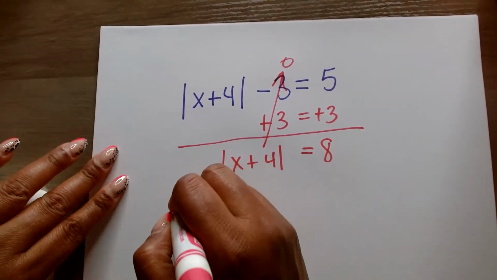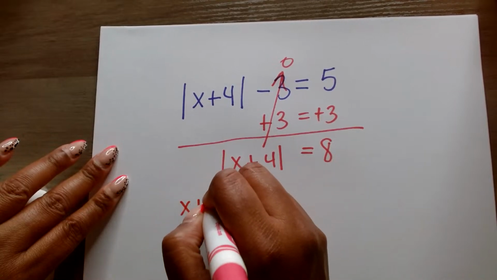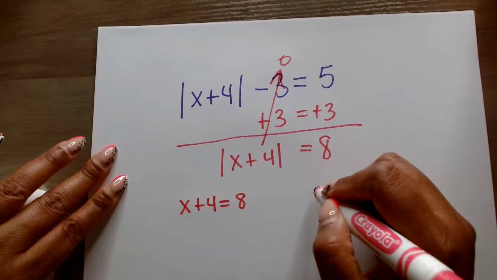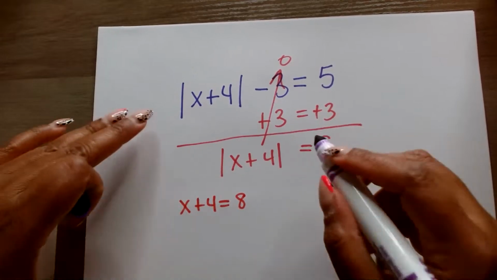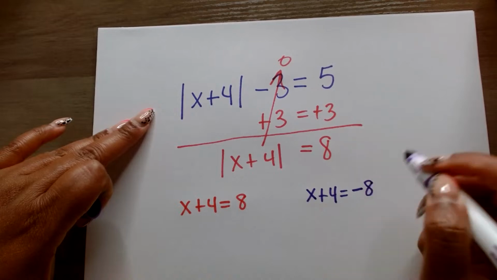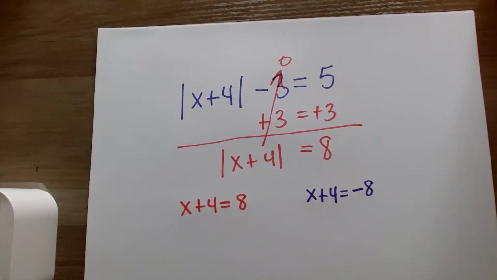It is going to create x plus 4 is equal to a positive 8. And it's also going to create, and I'm going to switch colors, x plus 4 is equal to a negative 8, because we can get a negative and a positive value by breaking up that absolute value.